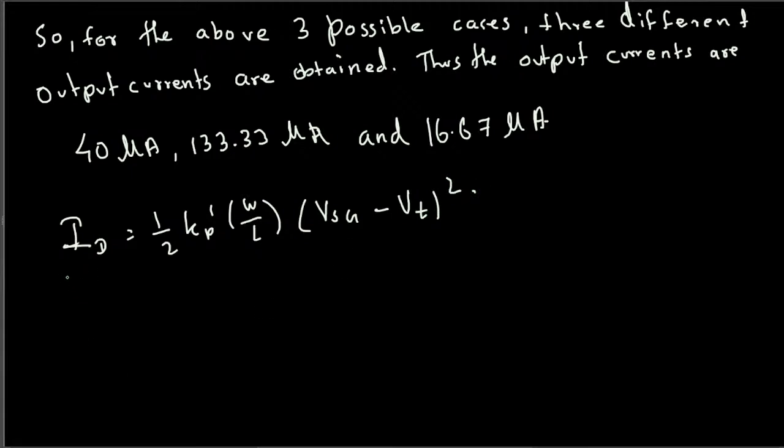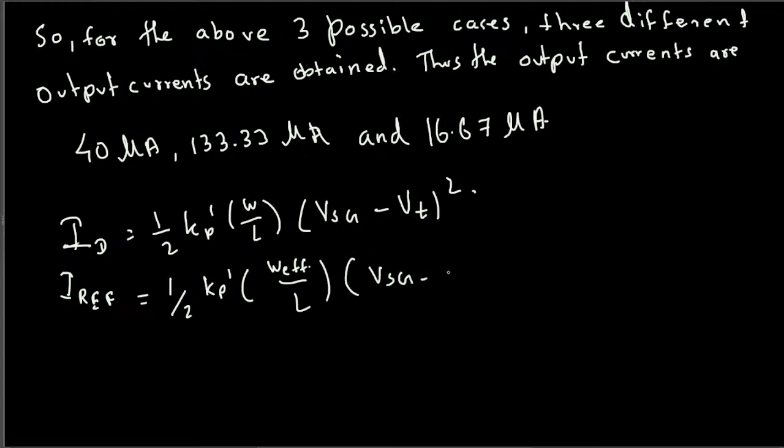All the values are available: ID is I reference, and half Kp prime is given to us, so we can use that. Then we use the W effective in each case, divided by the length, times VSG, that's the one we are trying to find, minus V threshold, whole square.